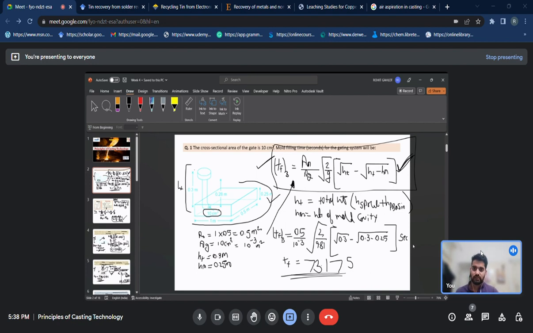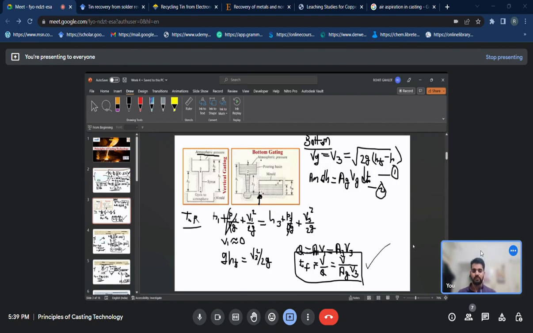So in short, today we discussed how to solve, combining week 3 and week 4, the filling problems of the simple gating, top gating, bottom gating, and parting line gating systems. So you now have the basic idea of how to solve these problems. After that, we also revisited the derivations.